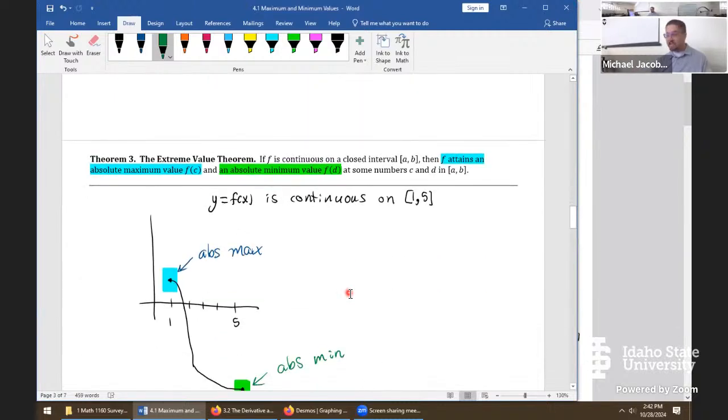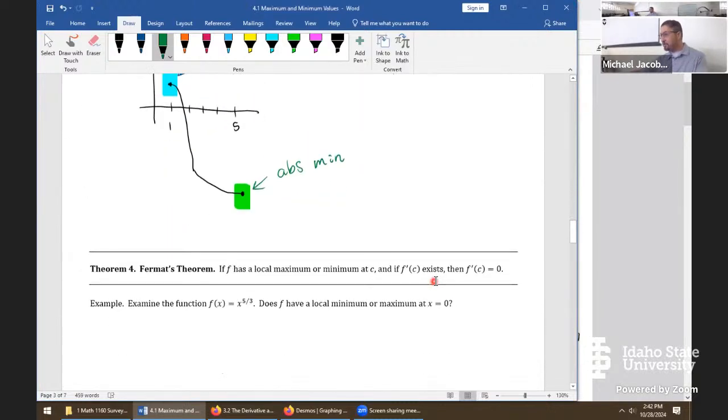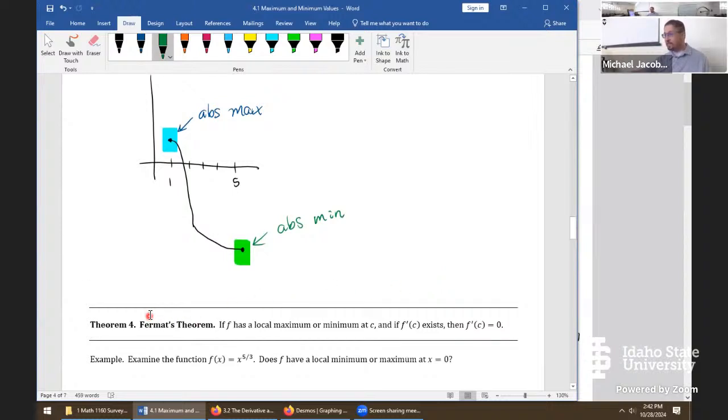So those become interesting values, and they're now further supported with theorem 4, Fermat's theorem. It says if f has a local maximum or minimum at value c, and if the derivative also exists, it turns out the derivative has to be 0. That's an impressive statement because it gives us a place to start looking.